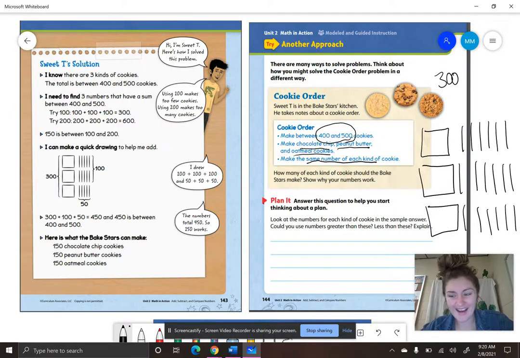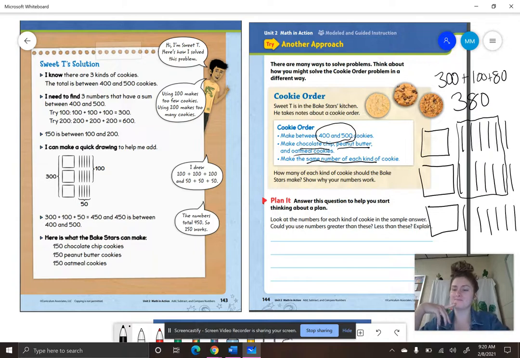And I know that 5 tens plus 5 tens is 100. So I have 300 plus 100 plus 10, 20, 30, 40, 50, 60, 70, 80. So I could add more to each kind of cookie. If I have 160 of each kind, I would have a total of 480. Could I still have more though? I still need 20 to get, oh, I'm sorry, friends. We're at 480.